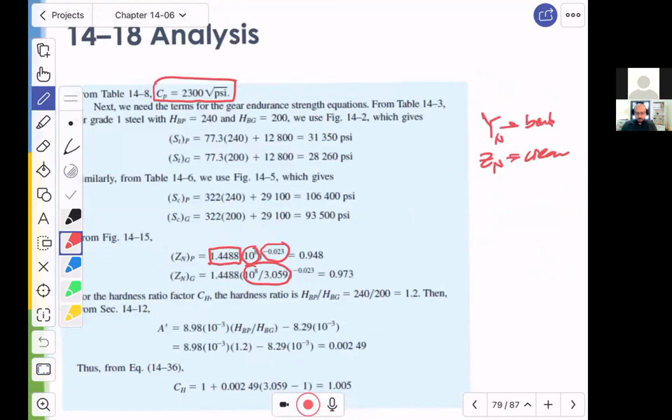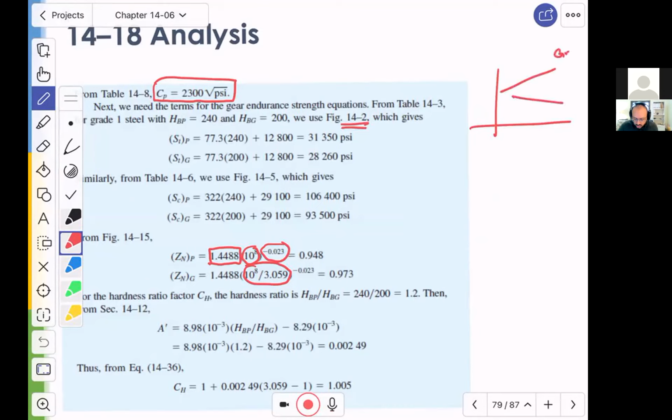And now, look, we go and we look at the material. This is a grade 1 steel. We have been given the hardness for the pinion as well as the hardness for the gear. So I go to the table, for example, figure 14.2, and then I will see a curve for grade 1 and a curve for grade 2.